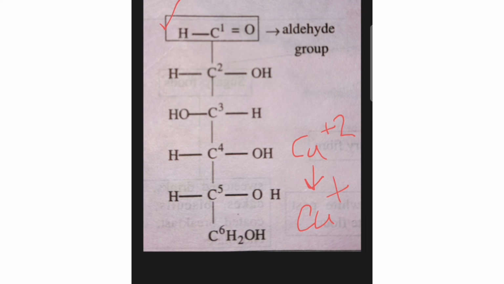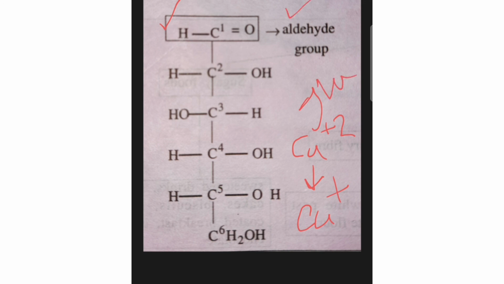So that is why it is called a reducing sugar. Usually monosaccharides and some of the disaccharides are reducing sugars. Sucrose, although a disaccharide, does not reduce these reagents since it does not have a free aldehyde or ketone group. Polysaccharides are usually non-reducing sugars. So here it is glucose.